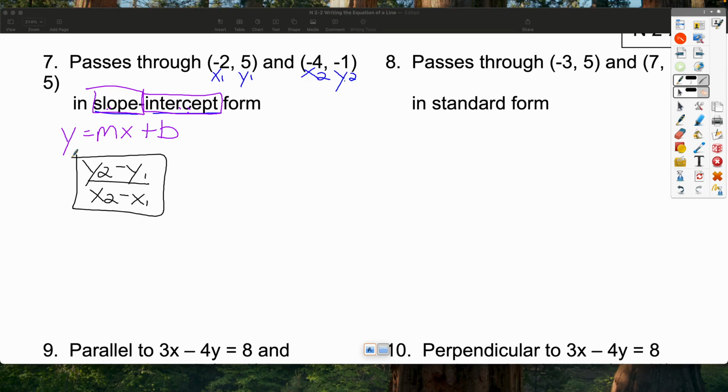Keep in mind those negative signs, wherever they may be. Is it 3? Positive 3.